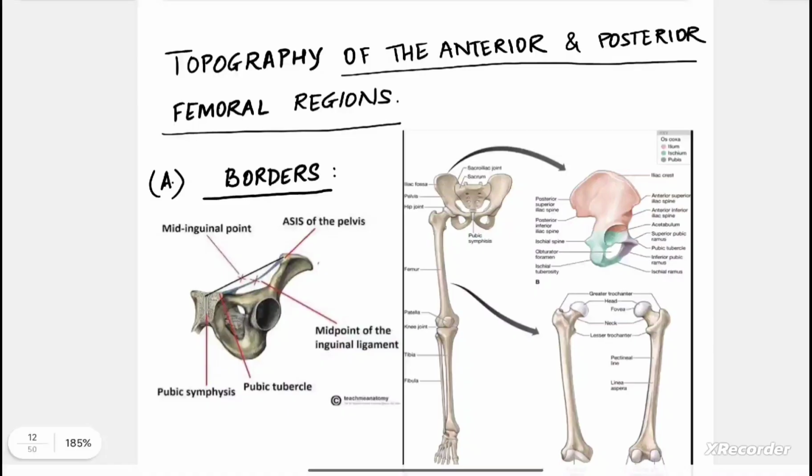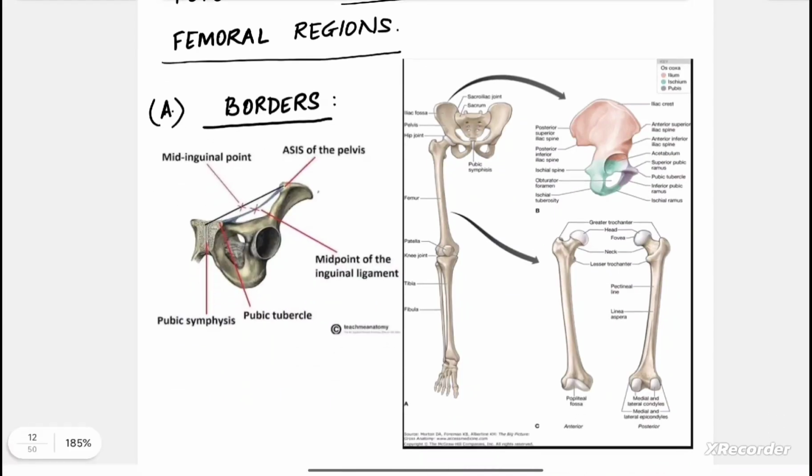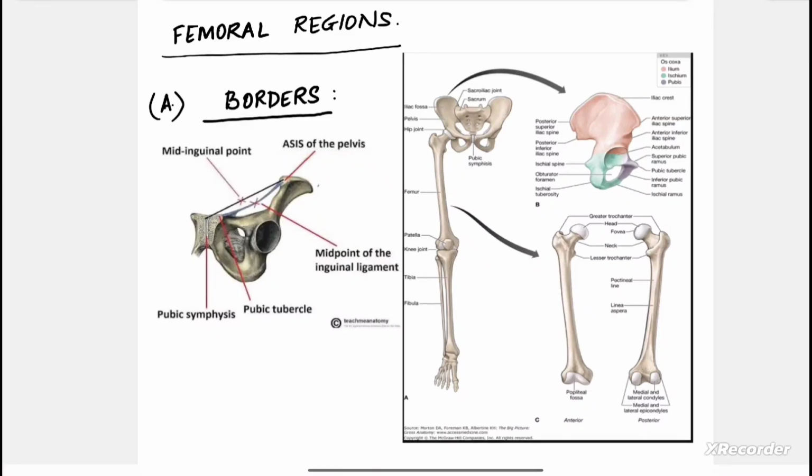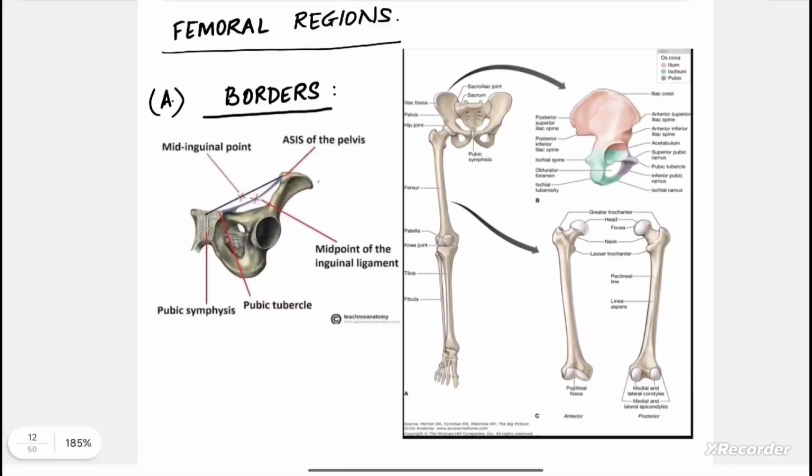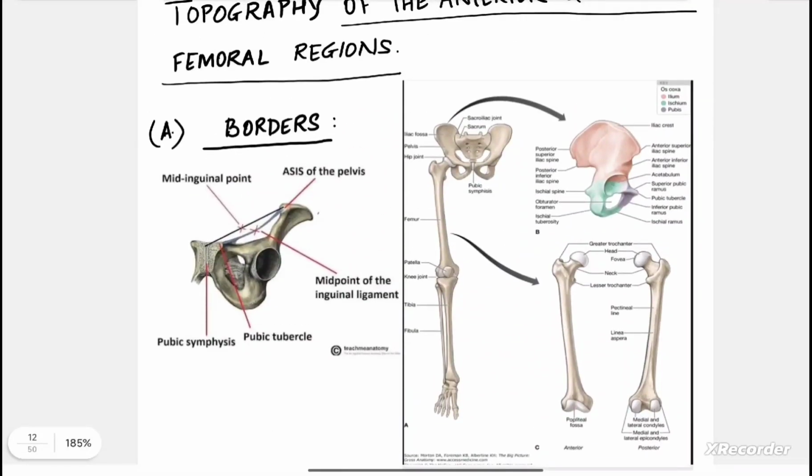Topography of the anterior and posterior femoral region. Now, first are the borders. What is the anterior border? Anterior border as usual: pubic symphysis, inguinal ligament, anterior superior iliac spine, and an imaginary line drawn between the anterior superior iliac spine and the greater trochanter. This is anteriorly.